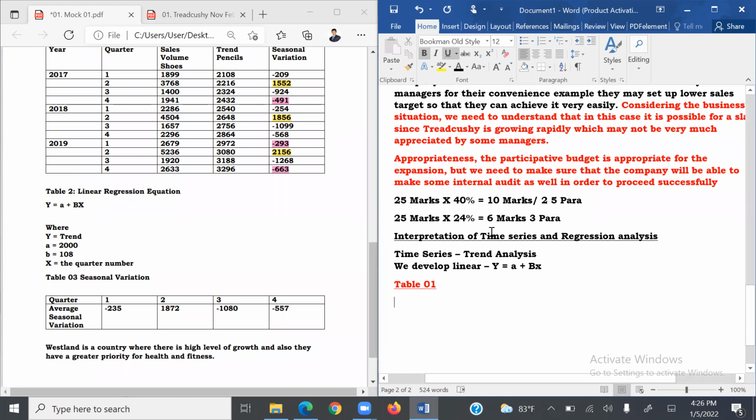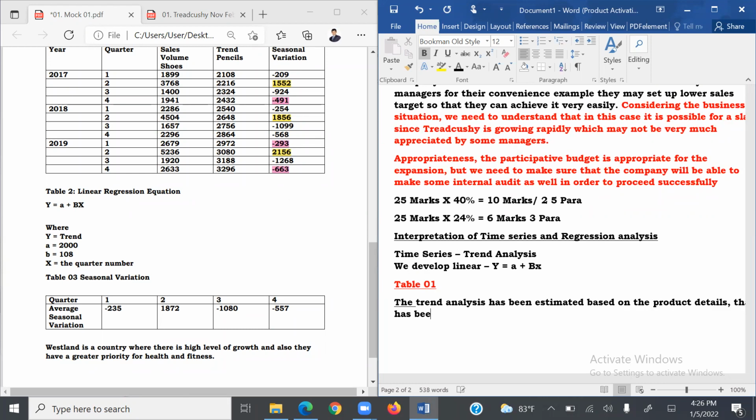So table 1, I can generally say the trend analysis has been estimated based on the product details that has been given. Now, students, coming into the detailed application so that it will be even clearer for you.